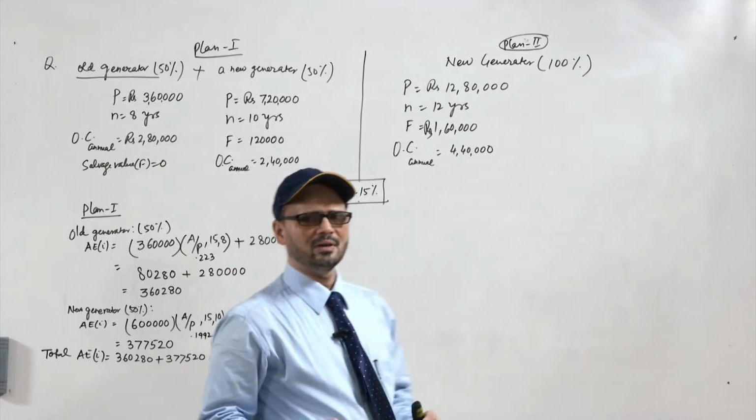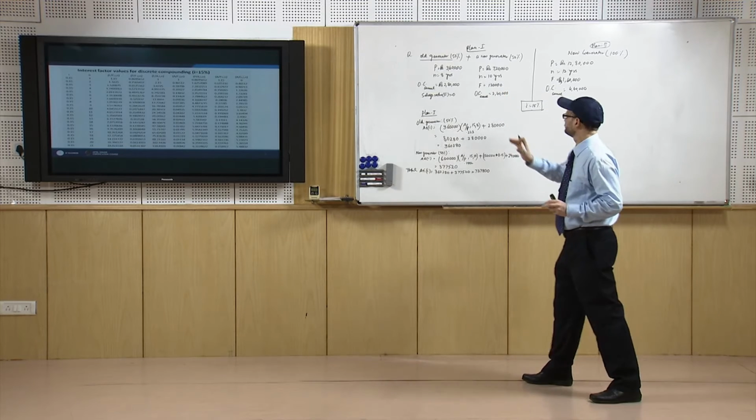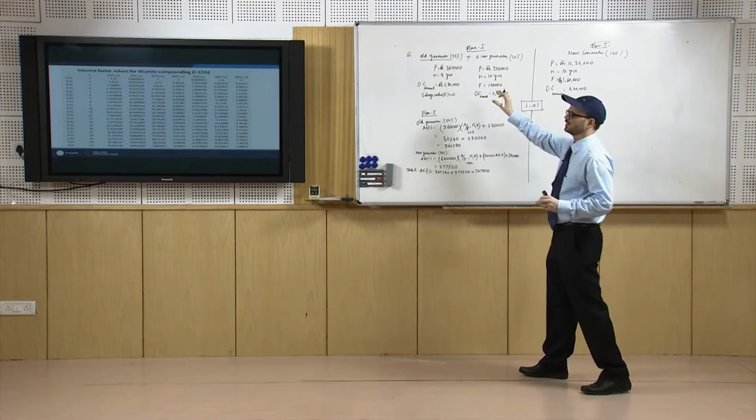This is the annual expenditure using 8-year study period for the option in which we try to retain the old generator.